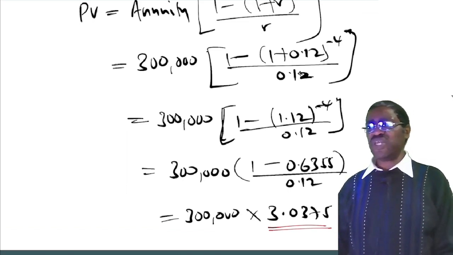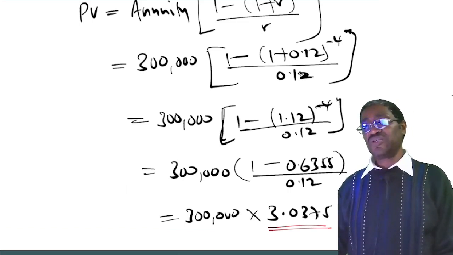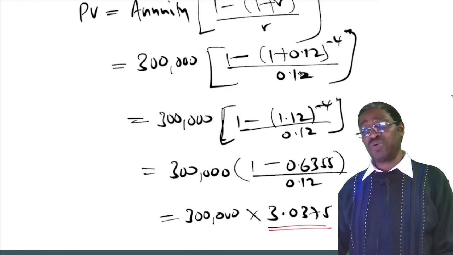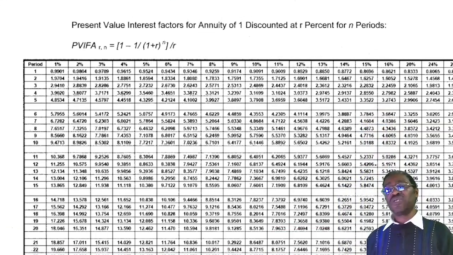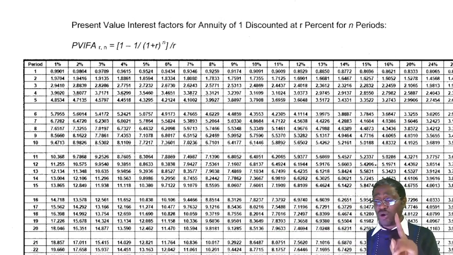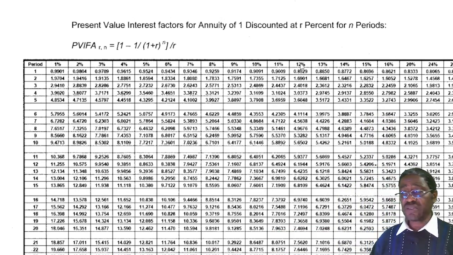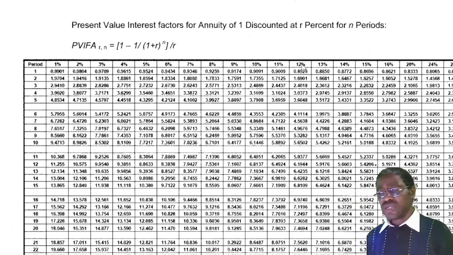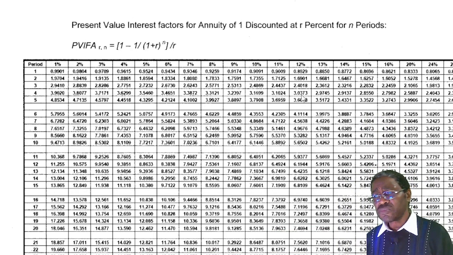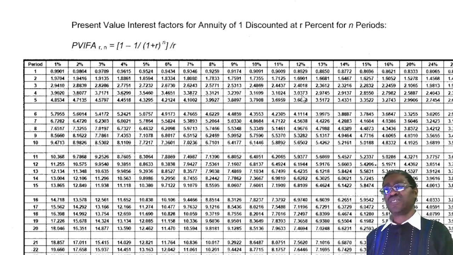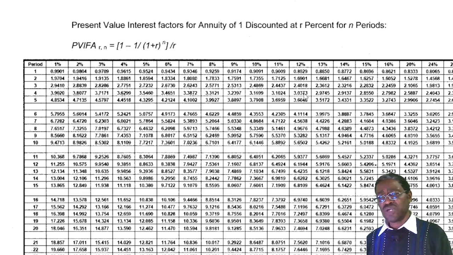So we go to the column of 12%, and the row of 4 years.